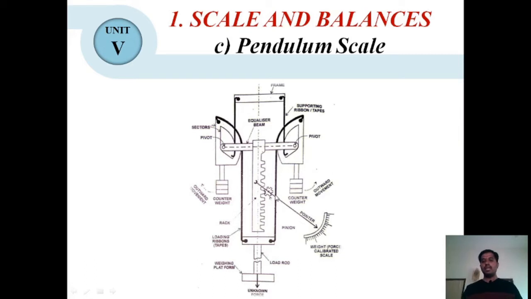Since the pointer is attached to the center of the pinion, the rotation of the pinion directly converts into the measurement of the force on the calibrated scale. The rotation of the sector results in the movement of the pointer on the calibrated scale.